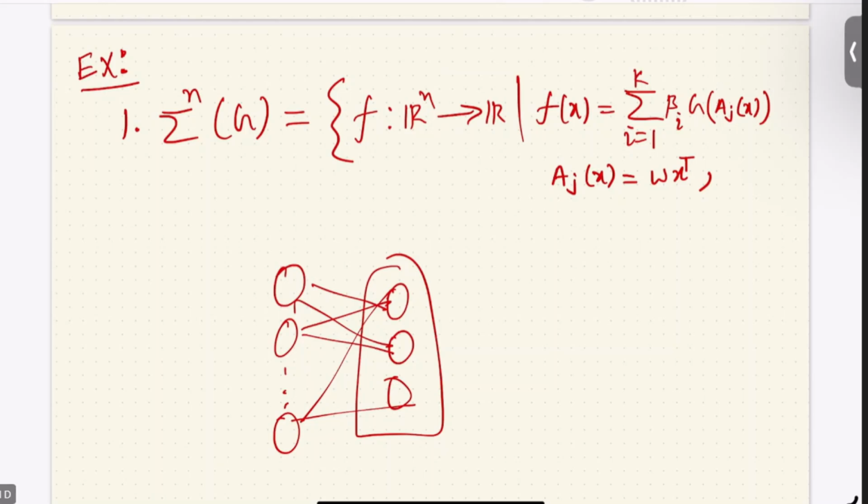That is also a sigma net, of course, one of the subclasses, I could say. I'm eliminating that bias neuron, and the rest is everything the same. The k belongs to natural numbers, and this a_j is, of course, of this form. But this w belongs to R^n, and beta belongs to R.